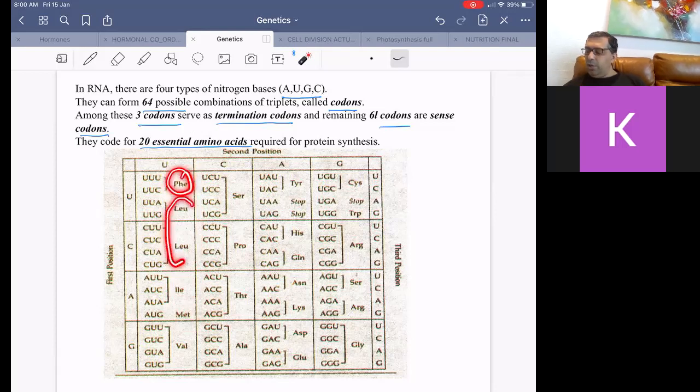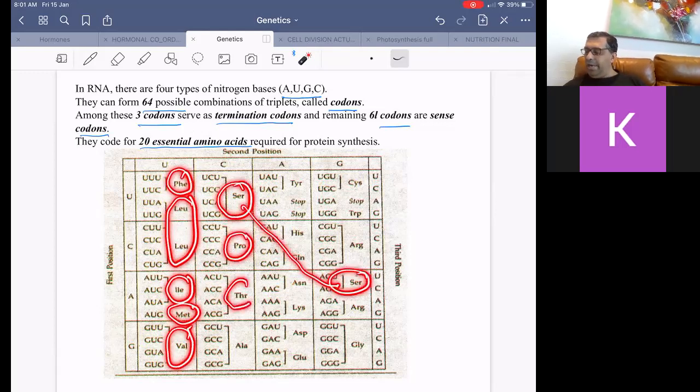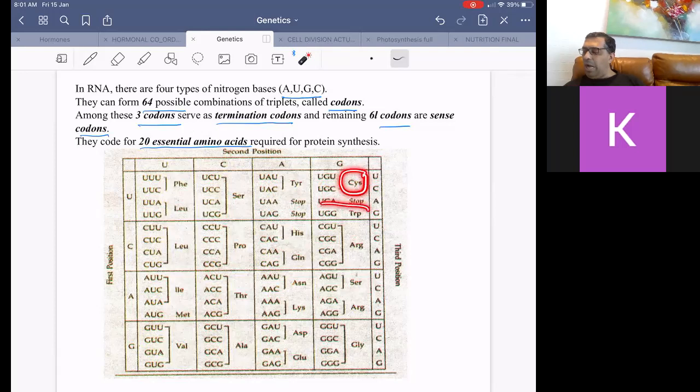Methionine, leucine, isoleucine, valine, serine, proline, threonine, alanine, tyrosine, histidine, glycine, aspartic acid, lysine, glutamic acid, cysteine, tryptophan, arginine, and serine, we are done already, and glycine 4.